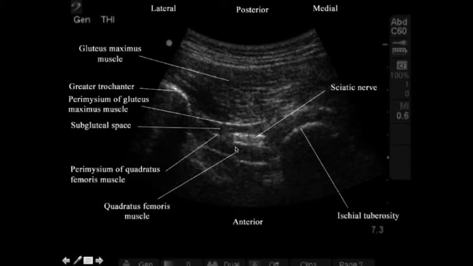And we have the quadratus femoris muscle behind the nerve, which is anterior. This is posterior, and this is gluteus maximus muscle. But of course, the most important structures are the bones. The special landmarks that we have here are the bones. The greater trochanter and its acoustic shadow, and the ischial tuberosity and its acoustic shadow. Okay.